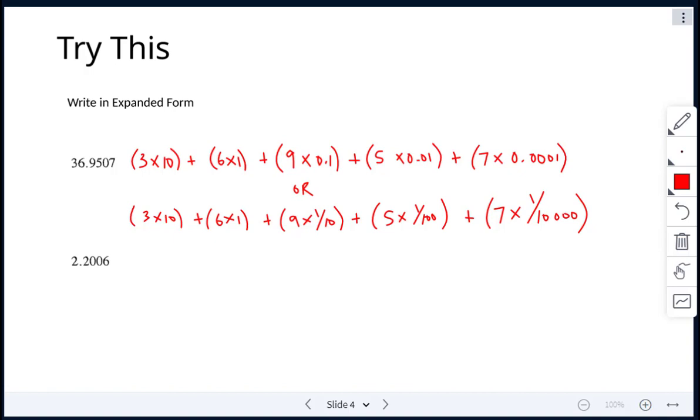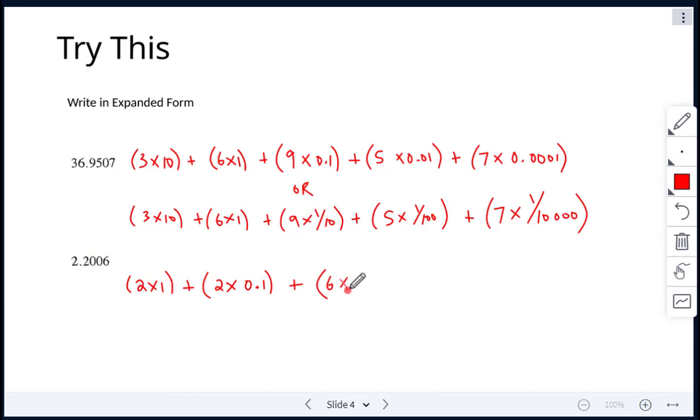Okay, so for this one, we have the 2 in the ones position. So 2 times 1, and then we get to the decimals. We have 2 there in the tenths position. So writing that in decimal form, 2 times 0.1. And then we don't have to include the zeros. We'll just go to the 6.